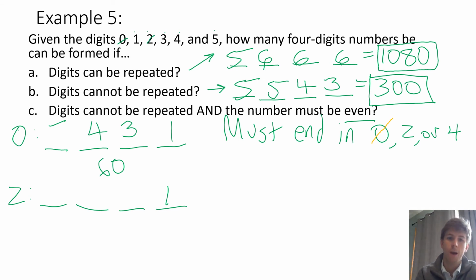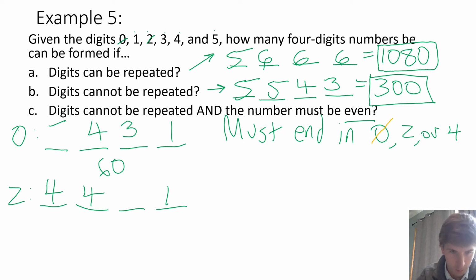Okay, so we only have 4 options for that because the digits cannot be repeated here. Okay, so for our second one, 0 is totally fine now. 2 is still not. And whatever we chose for this first digit is not okay. So that leaves us with 4 additional options.